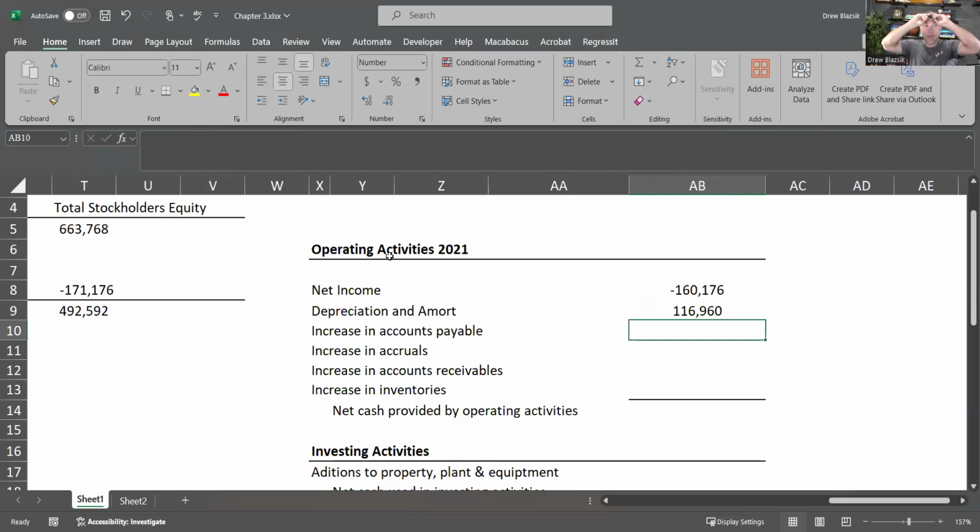If I was Lowe's and I bought a bunch of washers from Whirlpool and it came in, I still owe Whirlpool maybe $100,000. I didn't pay it yet. I owe it. So what we want to know is what impact does that have on credit or on cash? So if it did not change, our AP account stays the same, no impact in cash.